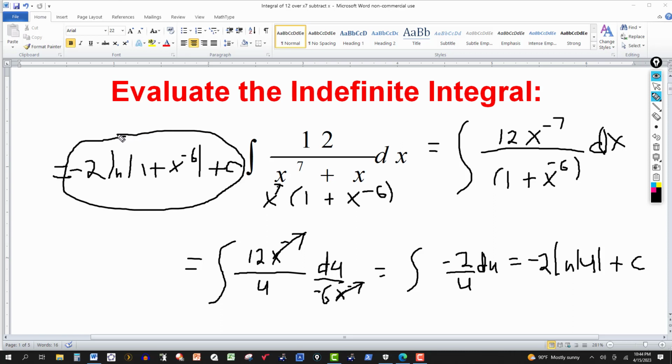Here's your answer: negative 2 natural log of the absolute value of 1 plus x to the negative 6, plus a constant. Of course, in this case I can rewrite this as 1 over x to the 6. Since I have an even exponent, I really don't need the absolute values here, so I could put parentheses.